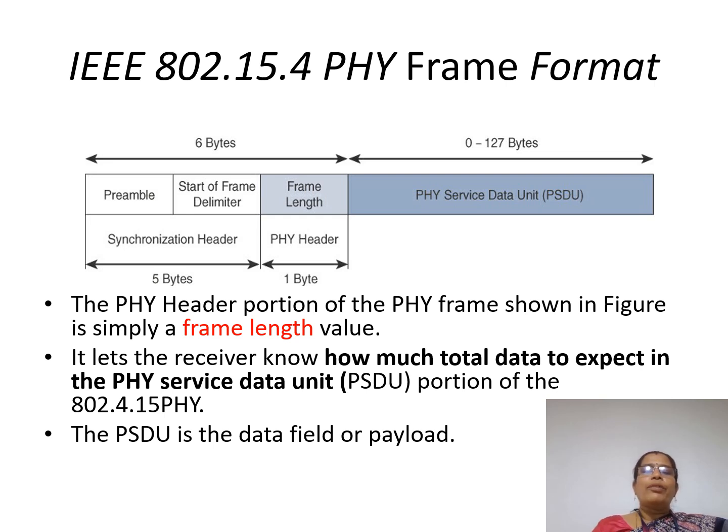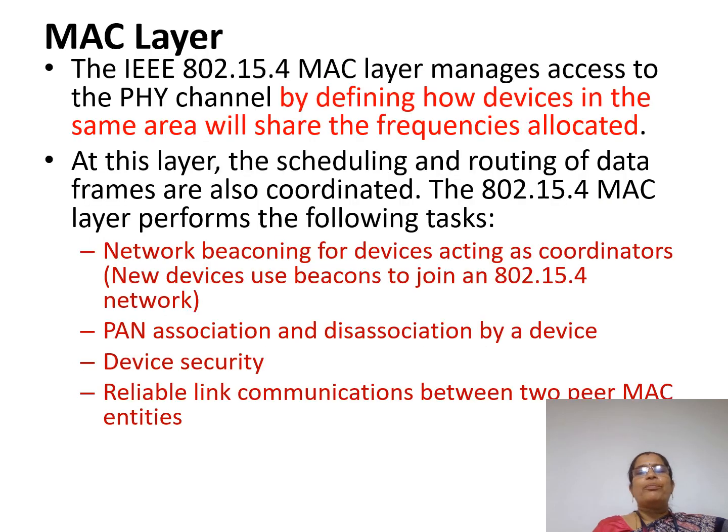The frame length is the physical header, which takes 1 byte, and the remaining 0 to 127 bytes are used for the PHY service data unit, PSDU. The physical header portion of the PHY frame is shown in the figure. It tells the receiver how much total data to expect in the PHY service data unit, and the PSDU is the data field used for the payload.